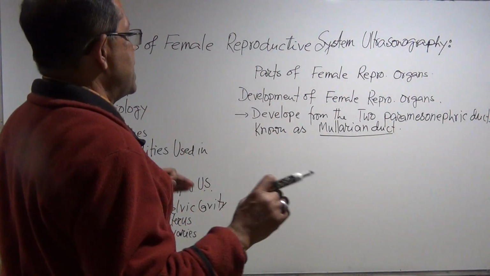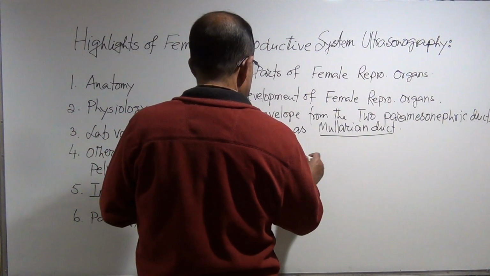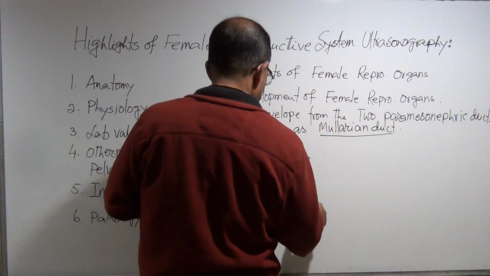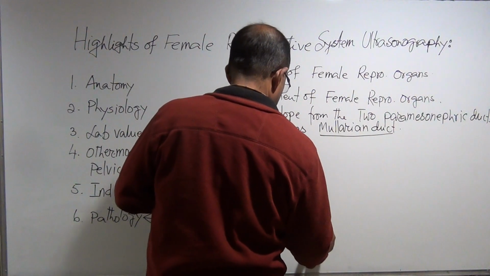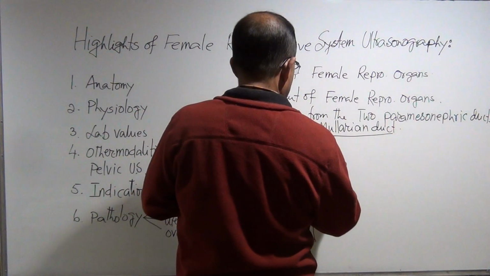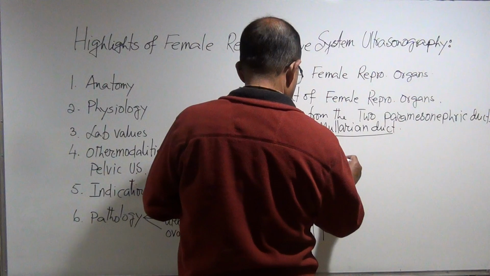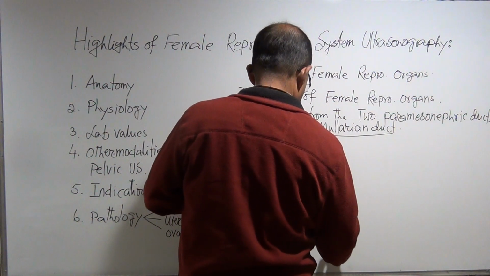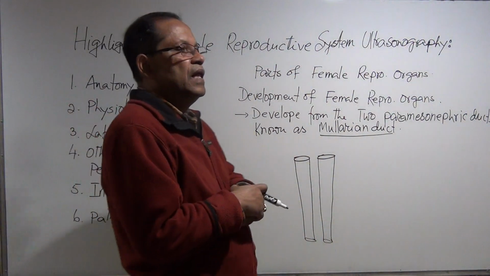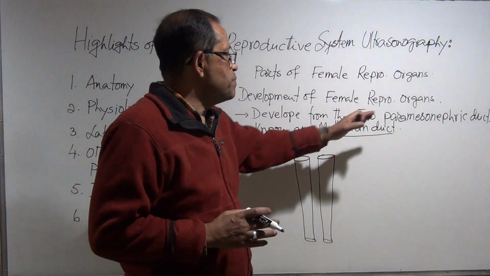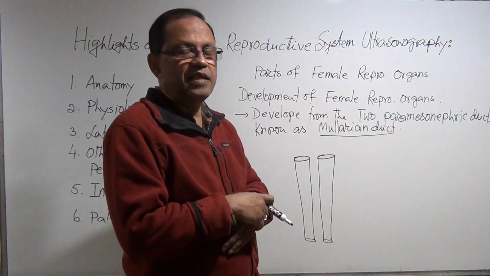And these two paramesonephric ducts appear parallel, as you understood from the name para-mesonephric. Nephric means the kidney.